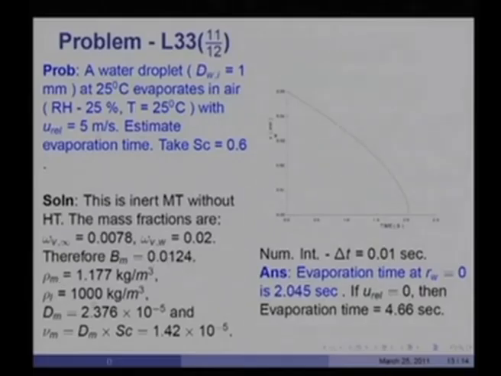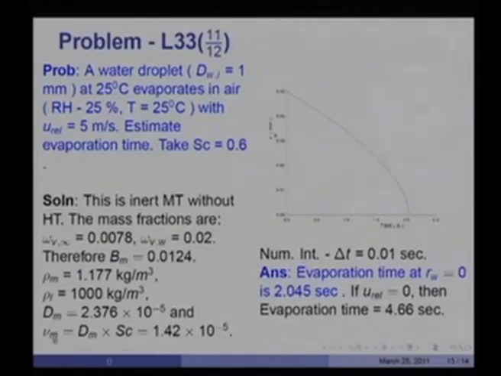At the mean conditions between the infinity and W states, mixture density can be evaluated as 1.177 kilograms per meter cube. Liquid density would be 1000 kg per meter cube, since it is water. Diffusivity, from the lectures, we say that the diffusivity of water vapor through air is 2.376 into 10 raised to minus 5, and nu m will be diffusivity into Schmidt number, which will be equal to 1.42 into 10 raised to minus 6.